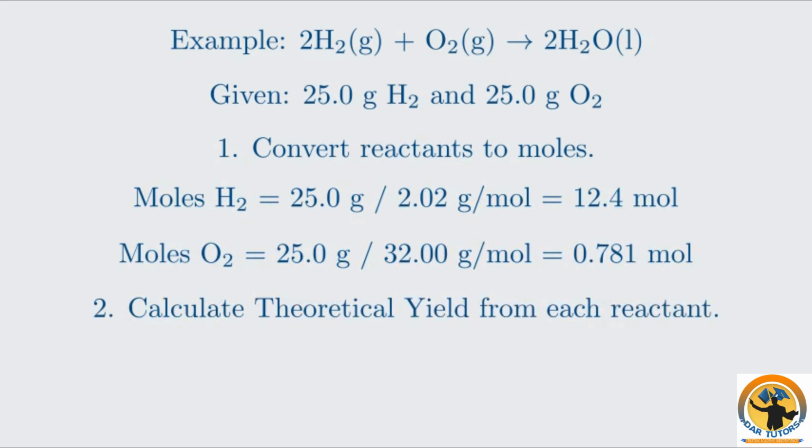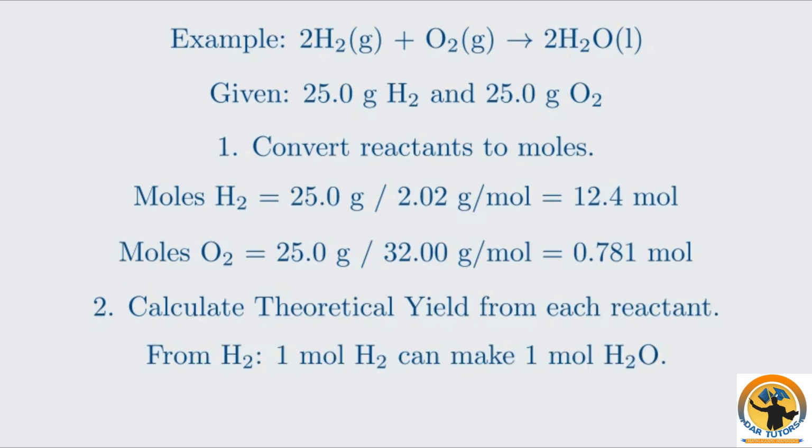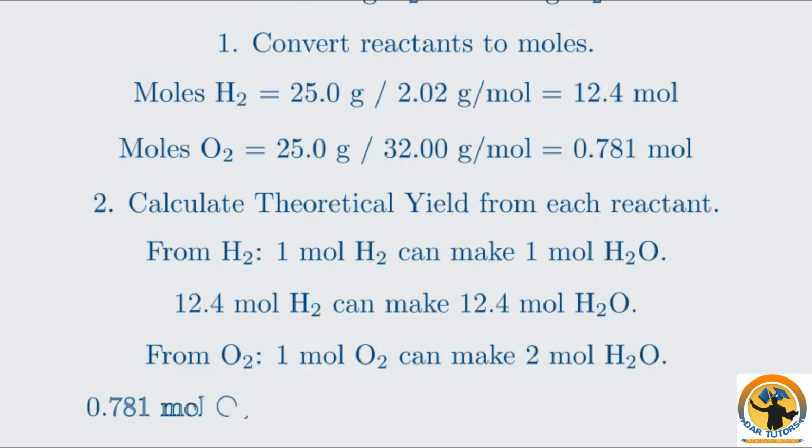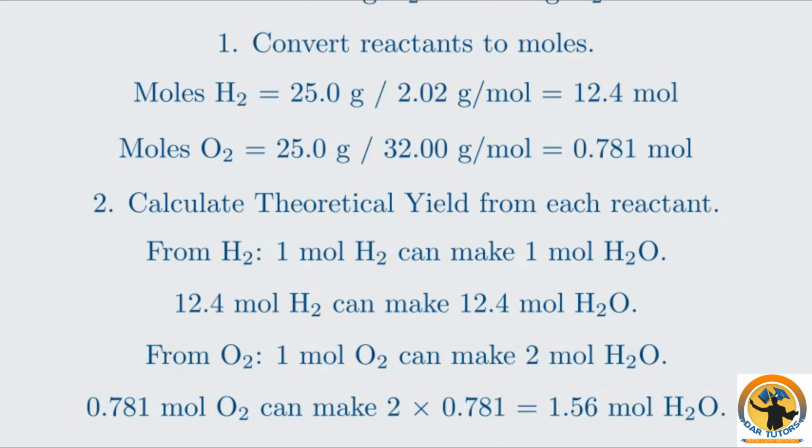Next, calculate the theoretical yield of water from each reactant. The ratio H2 to H2O is 2 to 2, or 1 to 1. So, 12.4 moles of H2 can make 12.4 moles of H2O. For oxygen, the ratio is 1 O2 to 2 H2O. So 0.781 moles of O2 can make twice that, 1.56 moles of H2O.